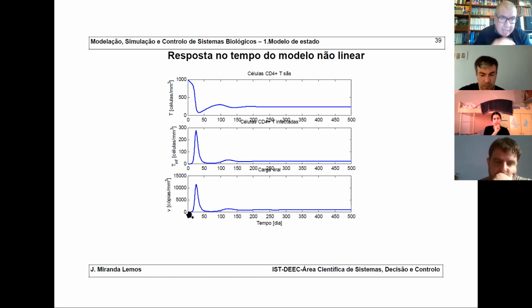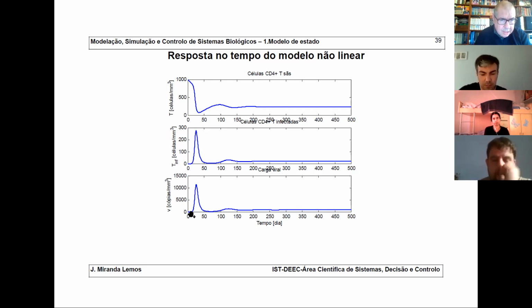If you simulate this model, what happens? You get this behavior. So this is a simulation. The time is in days. So this is a little less than 2 years.